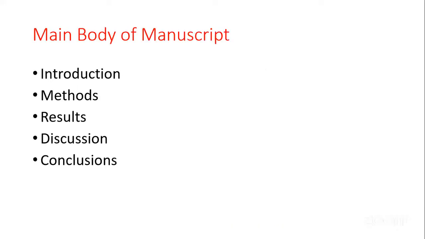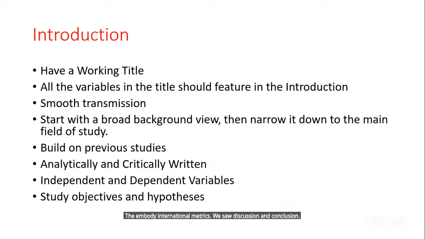Okay, so now the main body of the manuscript: introduction, methods, result, discussion, and conclusion. With that, let's look at the introduction. For your title, you must have a working title first. The title can change at the end, after you have completed your whole manuscript.